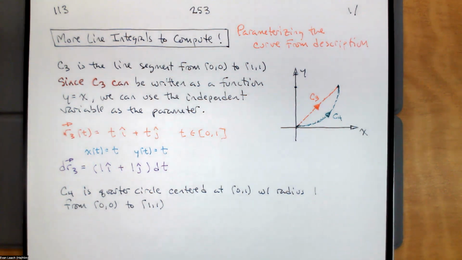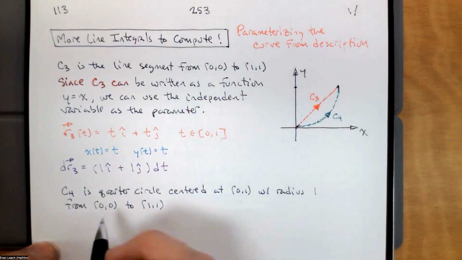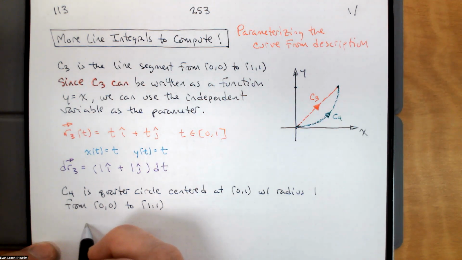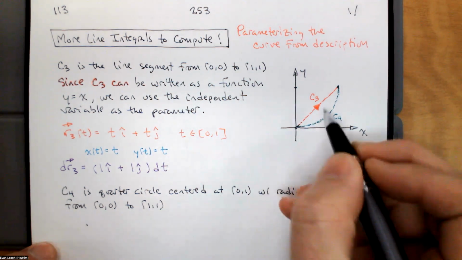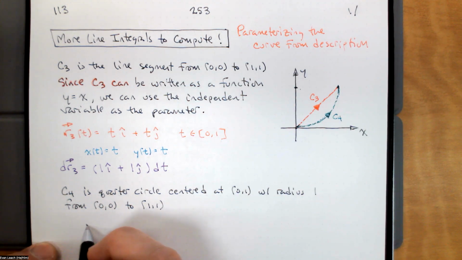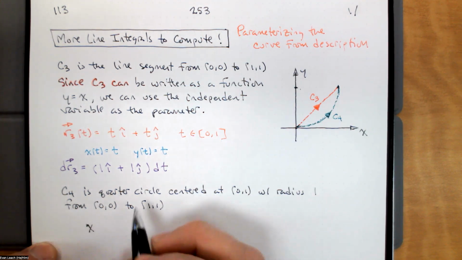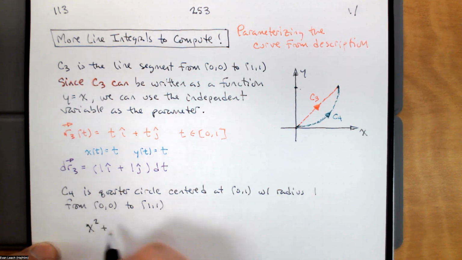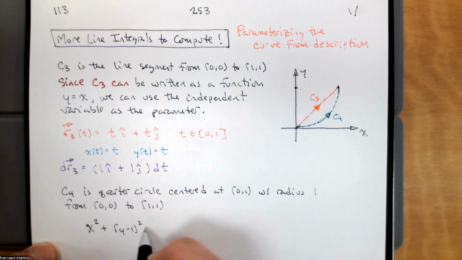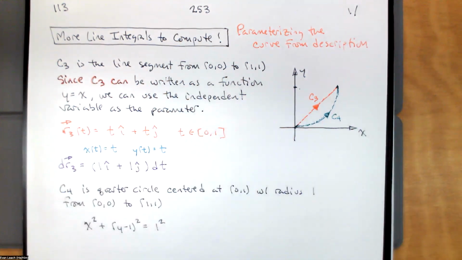So we could notice that this circle is described by the equation. Let's see. The x coordinate of the center of the circle is 0, so we'll just have x squared. But the y coordinate is at 1, so we'll have y minus 1 squared is equal to the radius squared. So here is a description of the circle in equation form.